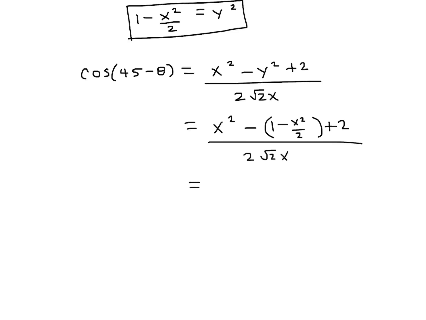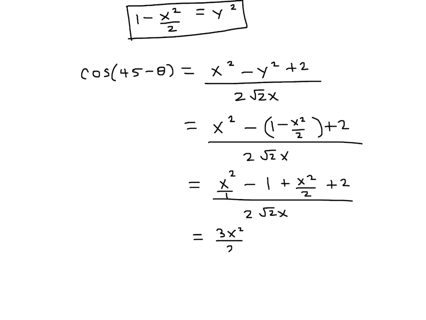All right? Simplify this in any way you feel you want to. Let's see here. X squared minus 1 plus x squared over 2 plus 2 all over 2 root 2x. And this looks like x squared over 1 plus x squared over 2 is 3x squared over 2.